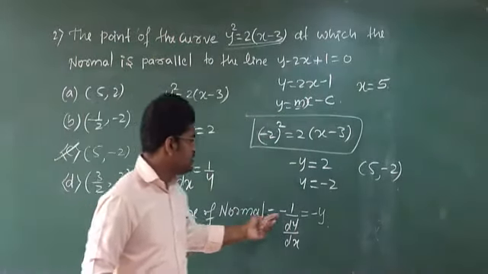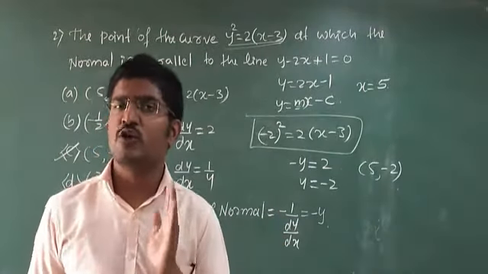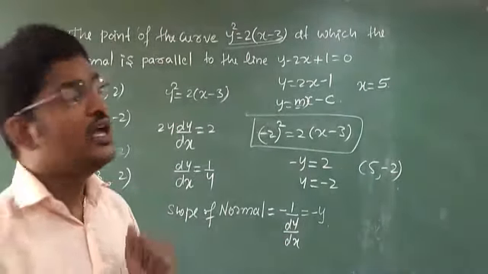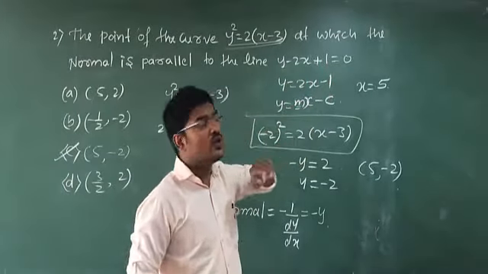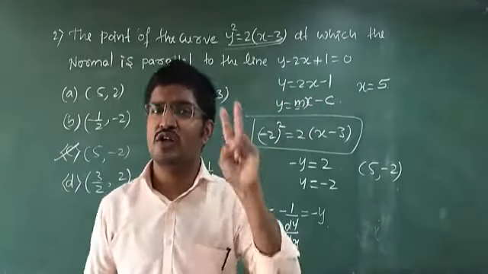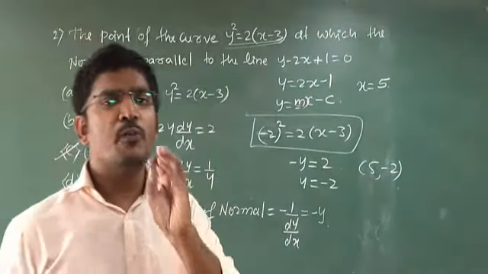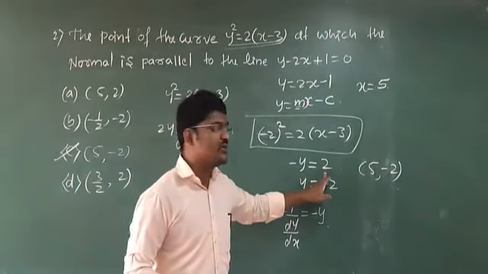Slope of normal is minus 1 by dy by dx, you will get minus y. Now you got slope of normal, that is minus y. You look the given line, y minus 2x plus 1 equal to 0. It will be y equal to 2x minus 1. M is what? 2. That means slope is 2. Using that condition, minus y will be equal to 2.